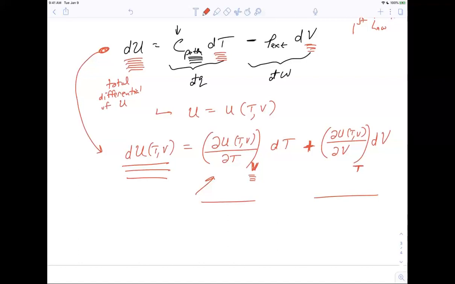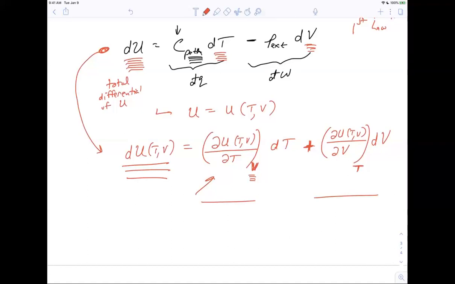Yes. Okay. And if it helps you, you can even use units or dimensional analysis. So on the left-hand side of the equal sign, we have units of U in energy. Those are the only units. And if we look at the right-hand side, for the first term, we have units of energy over temperature.